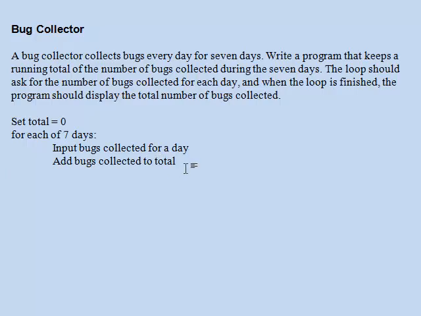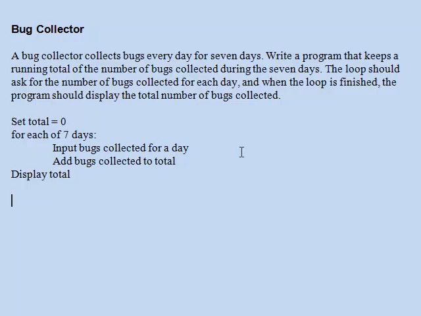It just gets the number of bugs collected for a specific day, and then it adds that to the accumulator. When the loop is finished, then the accumulator will contain the total, so we simply display the total. So it's a pretty simple program, actually, and this pseudocode really summarizes everything that it's going to do.